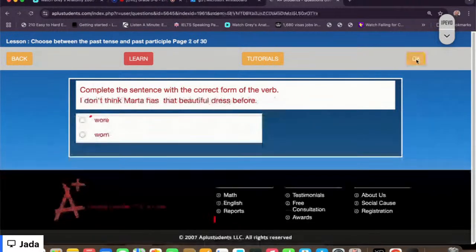I don't think Martha has worn that beautiful dress before. Wore or worn, which is the right one here?